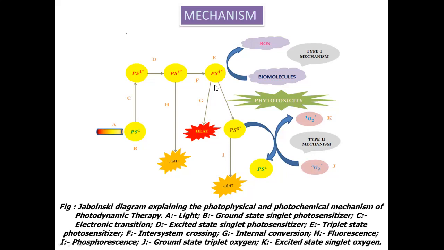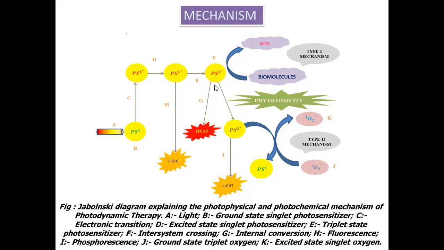So type 1 mechanism is like the photosensitizer from its ambience transferring energy into its triplet excited state. When it is in the triplet excited state, it will transfer all of its energy to the macromolecules. An electron is transferred from the photosensitizer to the cancerous cell, or free radicals and anionic radicals of the photosensitizer are created to the substrate.